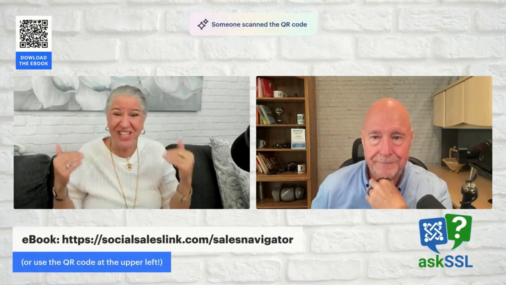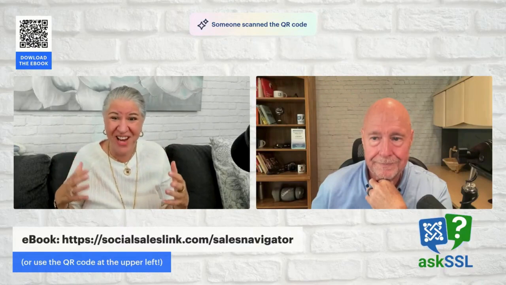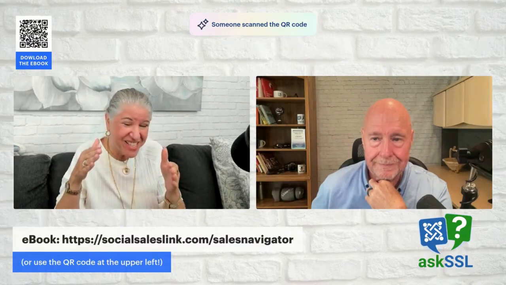So just really clearly, the goal of Sales Navigator is not to sell. It's to open the door. It's to engage with the right people and start those trust-based conversations.